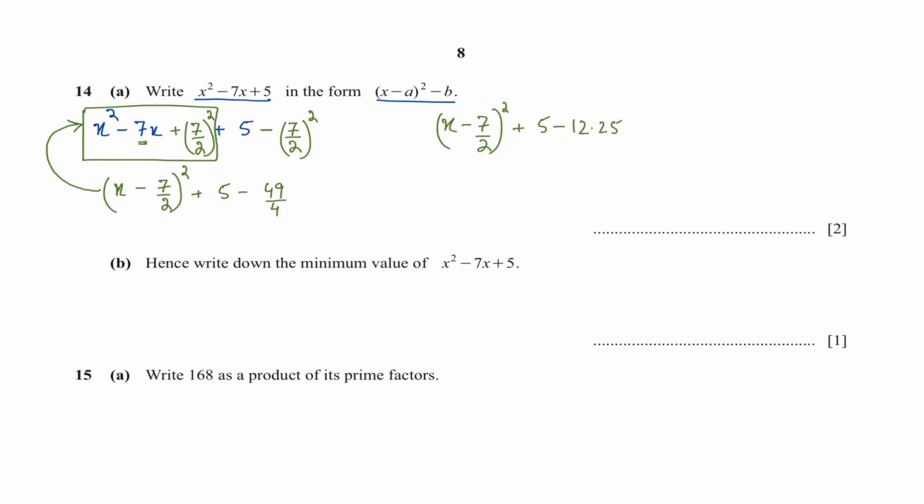So 12.25 minus 5 is going to be 7.25, and then we're going to have a minus sign because the sign of the greater value is negative. So this is going to be minus 7.25. Okay, so with this sorted out, we have successfully done part A. So I'll just write the answer in the space that's provided.